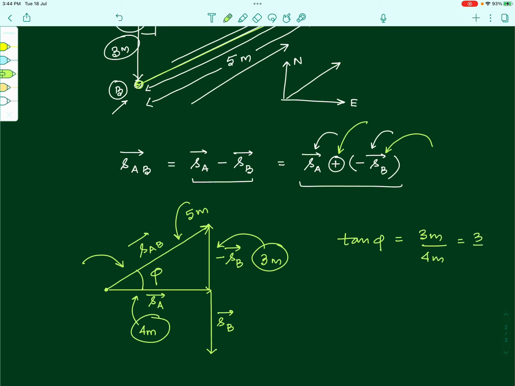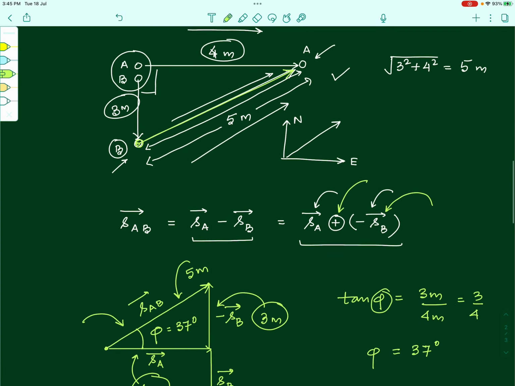So tan phi is 3 by 4. From there we can find out the angle also. This angle phi will take a value of 37 degrees in this particular case. Tan phi is equal to 3 by 4 for phi equal to 37 degrees. You can check this from the trigonometric tables.